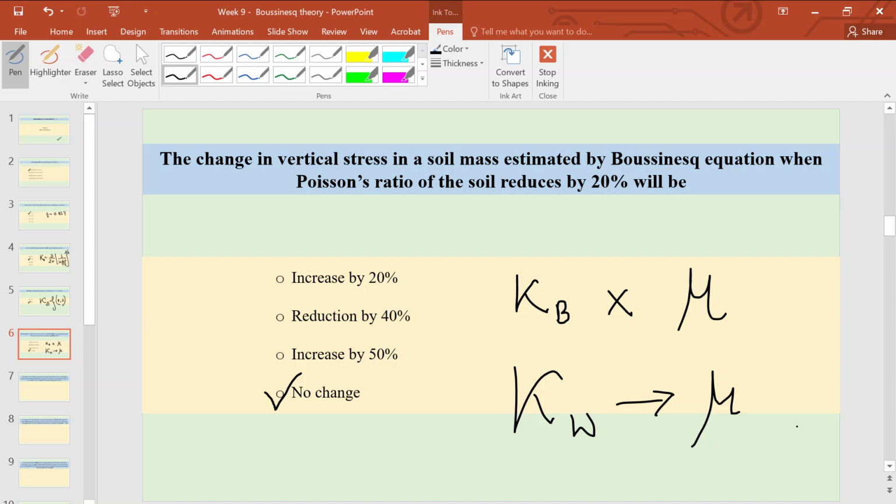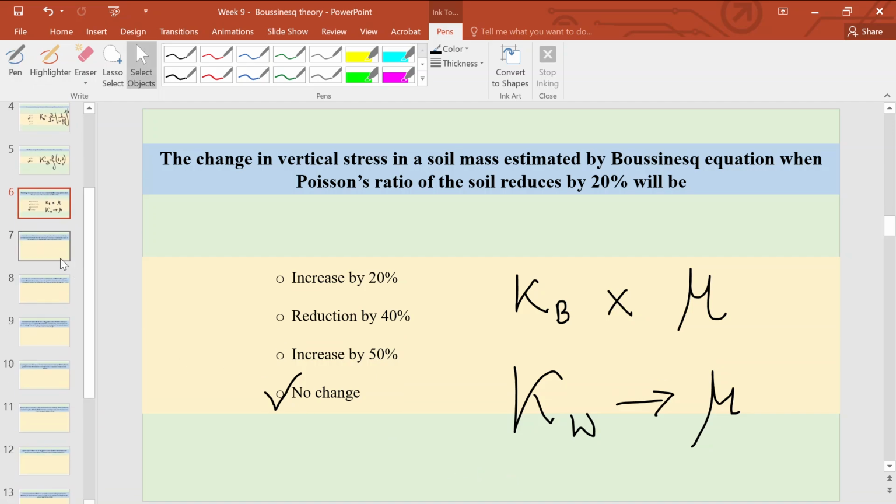Kb does not depend on mu, so whether the Poisson's ratio increases or decreases doesn't matter. There will be no change in the vertical stress because there is no relationship between the Boussinesq influence factor and Poisson's ratio.